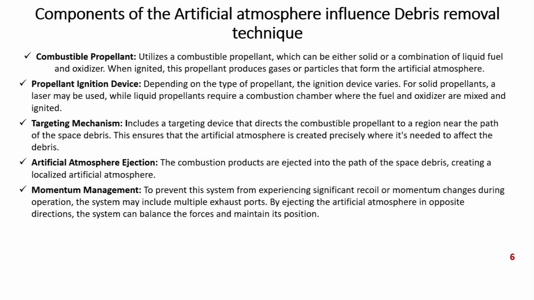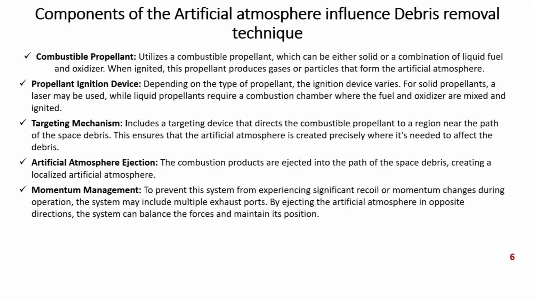And how is the momentum managed? Because when it is firing the propellant, it can create significant recoil of momentum on the platform you are using for generating the pulses of the propellant. So, what is done actually?